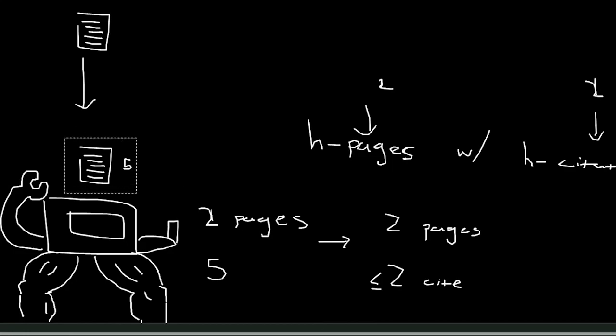If we encounter another paper and we get another 5, then we've encountered 3 pages, and we have 3 pages with at least 5 citations. So in other words, we have 3 pages with at least 3 citations, and that is going to be our H value.